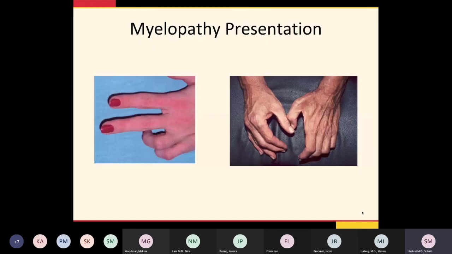In terms of coordination, the one other thing that should be commonly tested is grip and release, opening and closing their hands. This should be performed in a normal patient 20 times in 10 seconds.